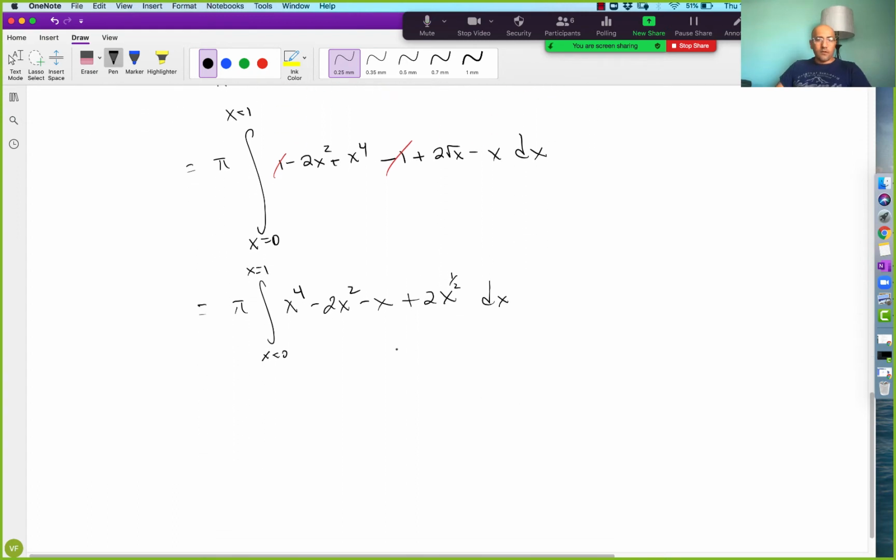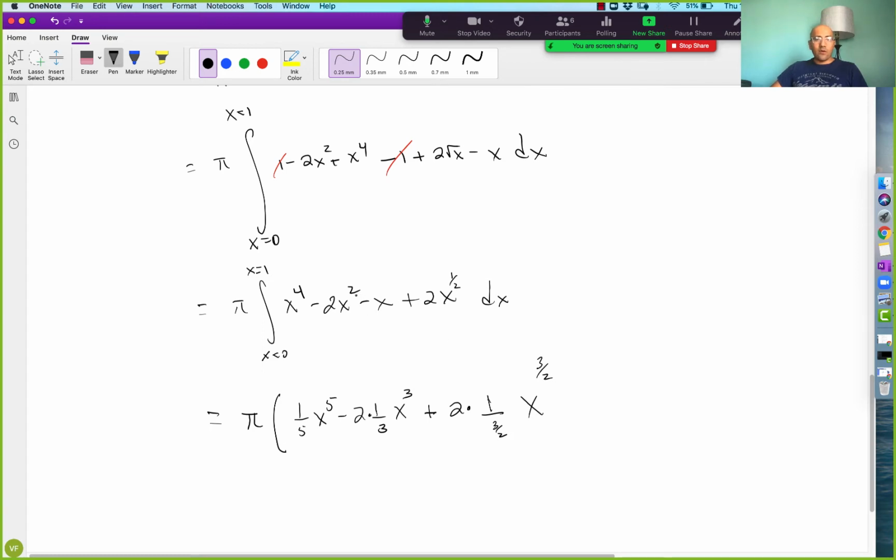Good. Okay, so following our standard antiderivative rules, this is going to be equal to 1/5 x to the 5th, minus 2 times 1/3 x to the 3rd, plus 2 times 1 over x to the 3 over 2.